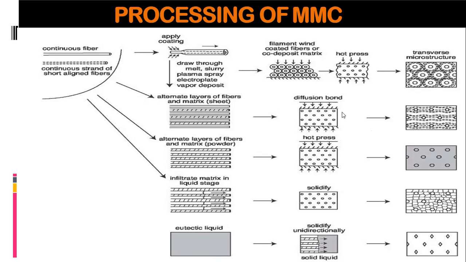Second one is the diffusion method, and third one is the diffusion method with hot press. That is, alternate layer of fibers is added and matrix is added in between that. That is of powder type. And second one is the sheet type. And third one is the solidifying method. And the last one is solidifying in the unidirectional way. So these are the different types of processing methods used in the metal matrix composites.